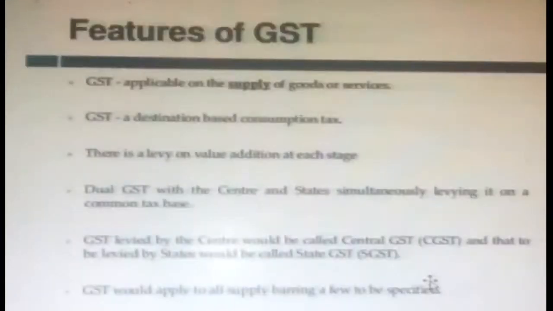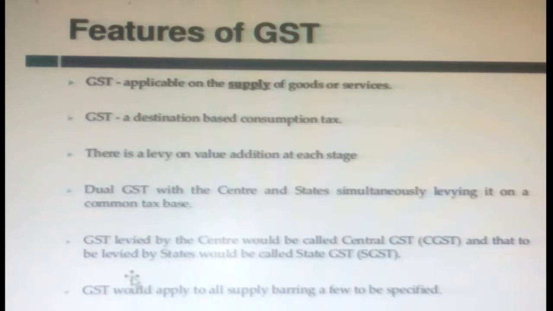Then, what are the features of GST? It's a very important one. GST is applicable on the supply of goods or services. It is a destination based consumption tax; finally we have to pay tax from the consumer point of view. There is a levy on value addition at each stage, so whenever value is added, naturally the tax is calculated. In dual GST, the center and state simultaneously levy it on a common tax base.